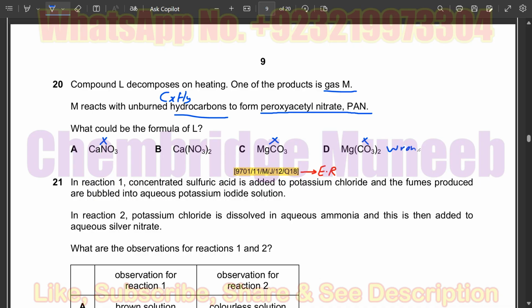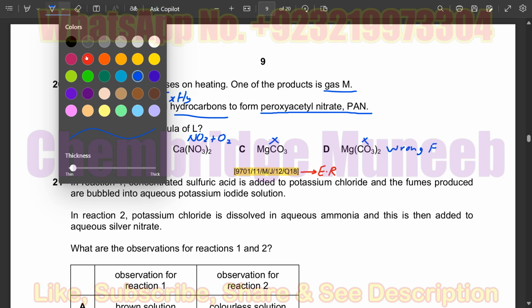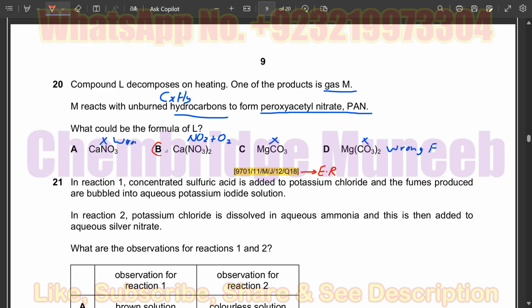The formula is wrong. Wrong formula here and wrong formula here. However, nitrate is the only compound of calcium which will decompose to give us NO2 plus O2. So this is the correct answer. That NO2 will then react with O2 and hydrocarbons to give us the PAN.